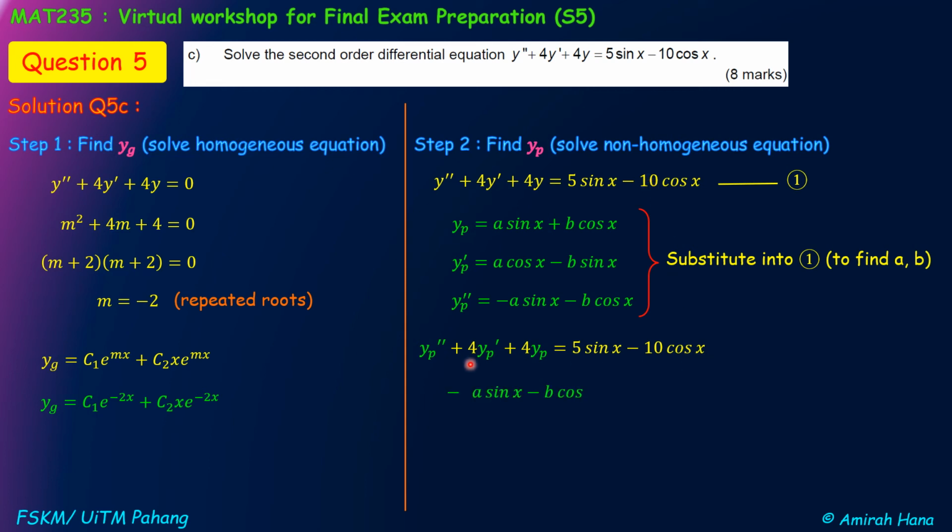After that, we replace yp double prime with negative A sin x minus B cos x, plus 4 times yp prime, which equals A cos x minus B sin x, plus 4 times yp, which equals A sin x plus B cos x, and it equals 5 sin x minus 10 cos x.